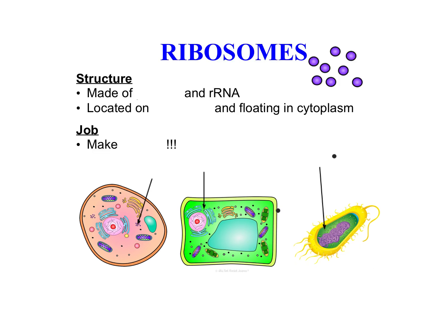Now we are ready to look at the ribosome, which is all of these little dots over here. So structurally, ribosomes are made of proteins and rRNA. So they're made of protein and genetic material. And they are located on the rough ER and floating in the cytoplasm. So they actually have 2 different spots.